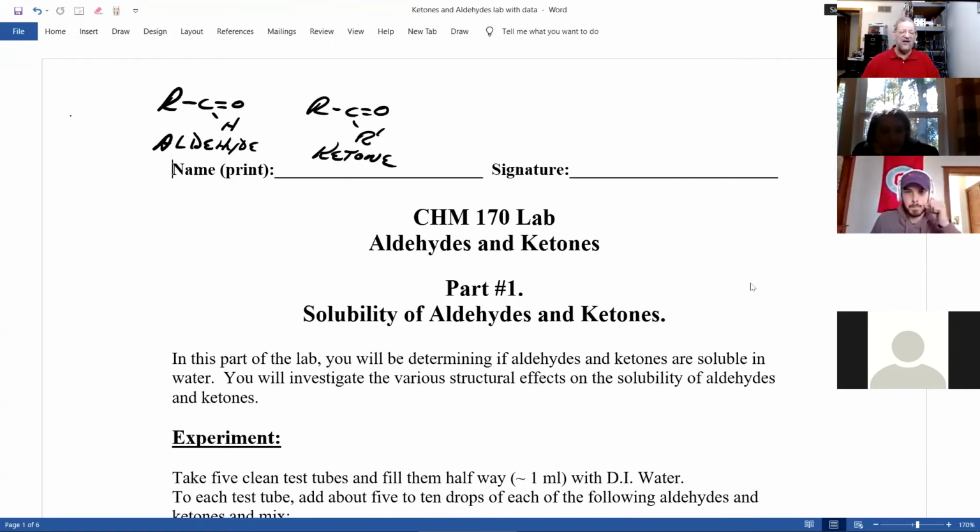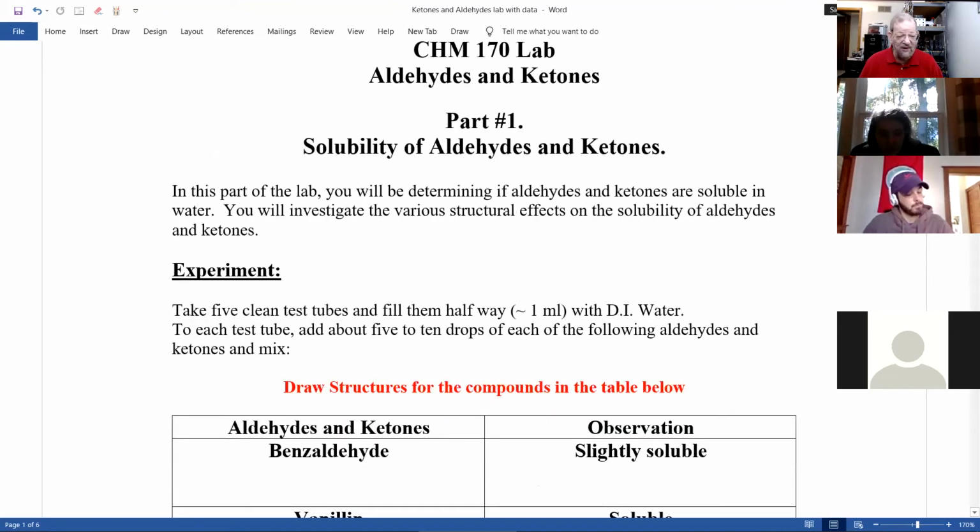Now, today's lab, like all the labs I wrote for this class, goes through some basic fundamentals dealing with aldehydes and ketones. The important thing is, are aldehydes and ketones soluble in water? What you'll do is take some clean small test tubes, if we're face to face, and fill them about halfway with DI water.